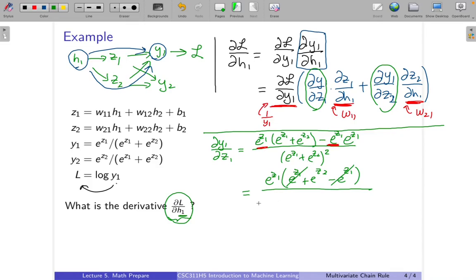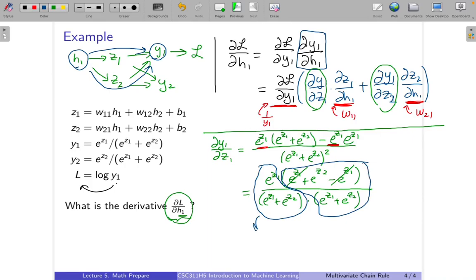I'm also going to do something weird here, which is to write out my sum twice, my two terms at the bottom, rather than the square. What that allows me to do is to group these two parts together.